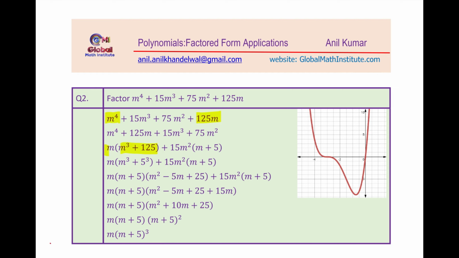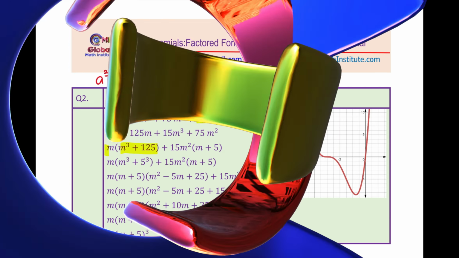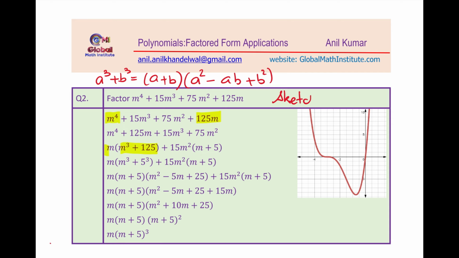So applying the formula of a cube plus b cube this time, which can be factored as a plus b times a squared minus ab plus b squared, helped us to factor. And so we can now get the graph as shown here. You get the idea, right? So that is how you could sketch the graph. So after factoring, you may try to sketch the graph also. I hope the solution is absolutely clear.